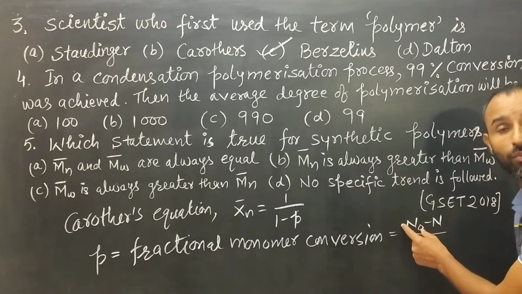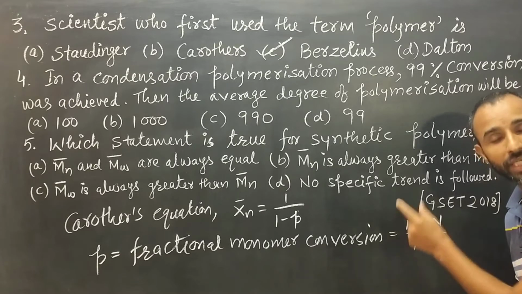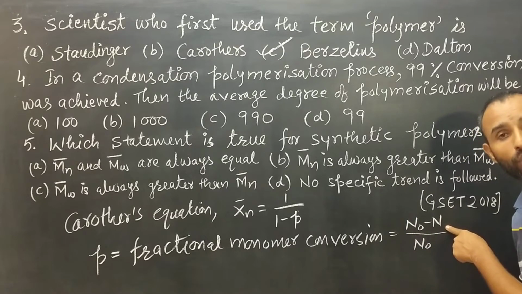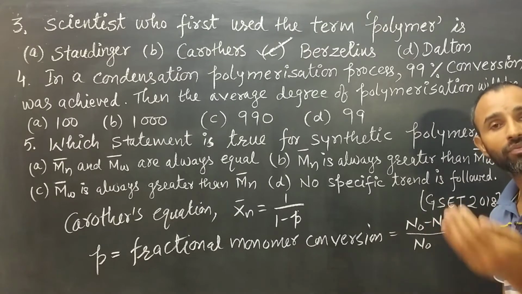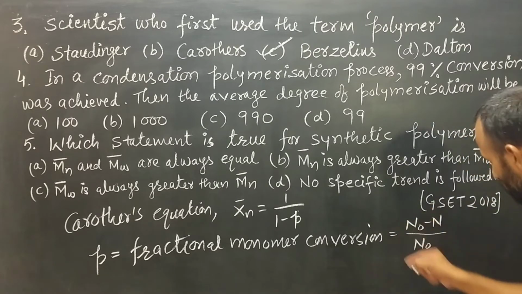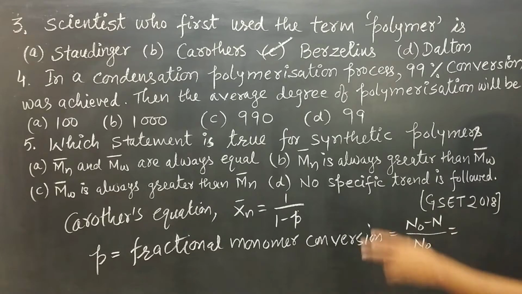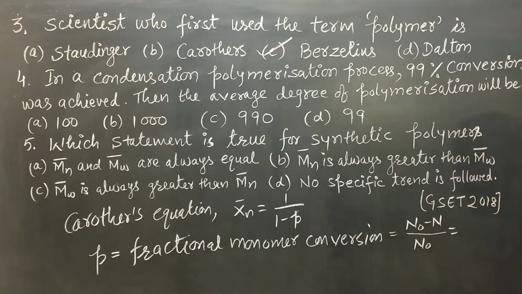N naught is the number of molecules present initially as monomer, and N is the number of molecules present after time t. So this is the fractional monomer conversion, and its value is given to us, that is 99%. That means 99 over 100, meaning 0.99.